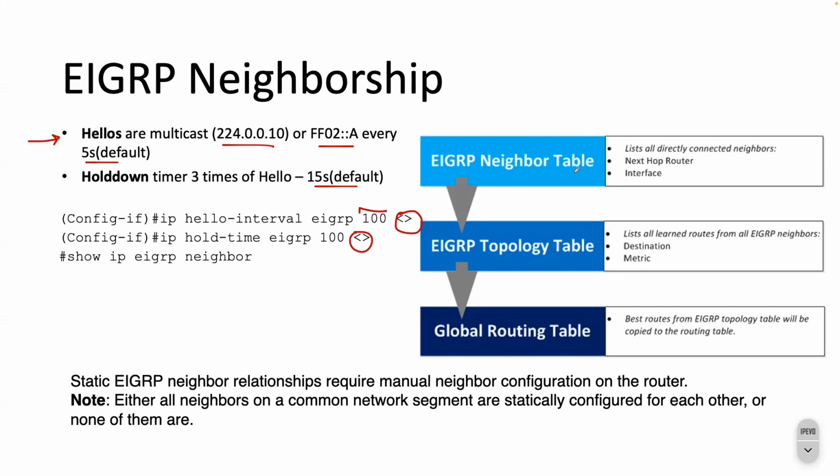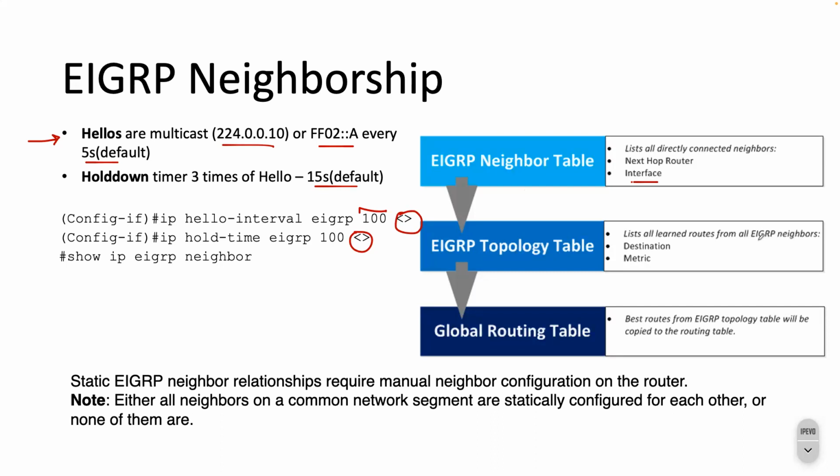Okay, neighbor table: it lists all your directly connected neighbors along with their next hop router and the interfaces on which this neighborship has been formed. It will also show the state of that neighbor. We have 3 kinds of tables in EIGRP. Second is your topology table. In the topology table, it lists all the learned routes from all your EIGRP neighbors.